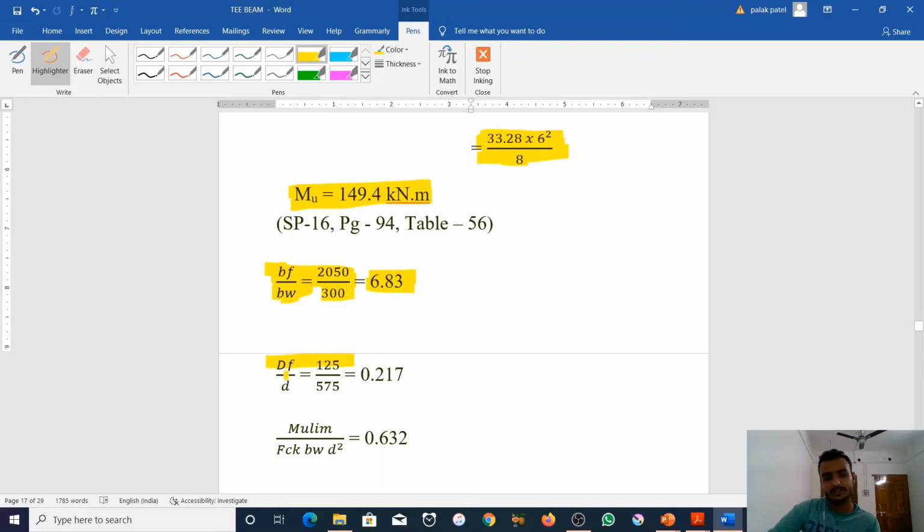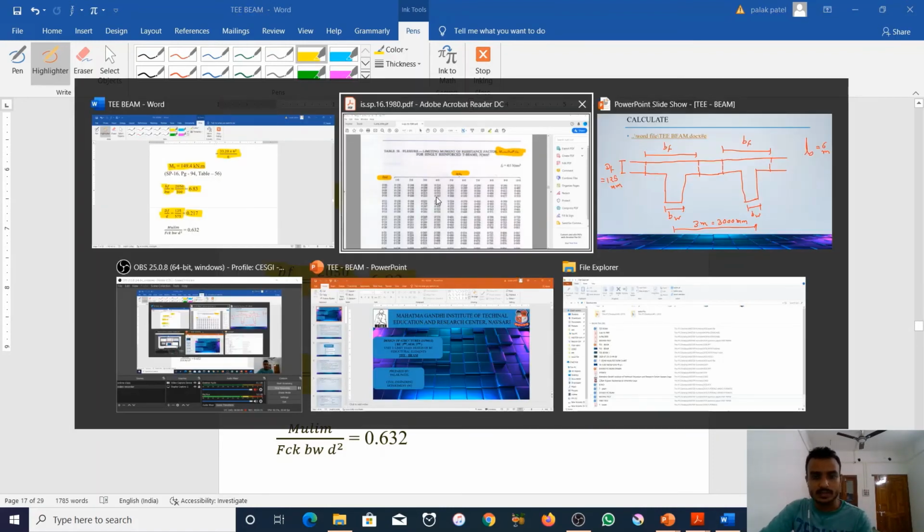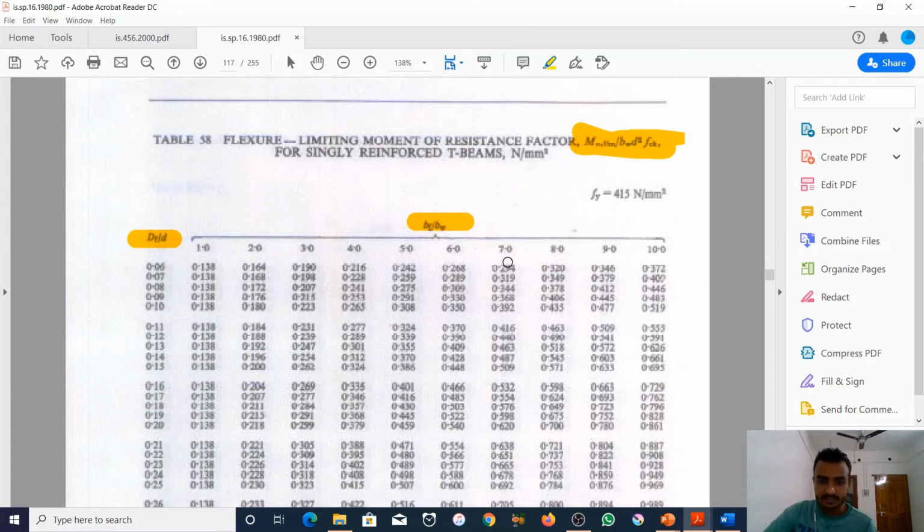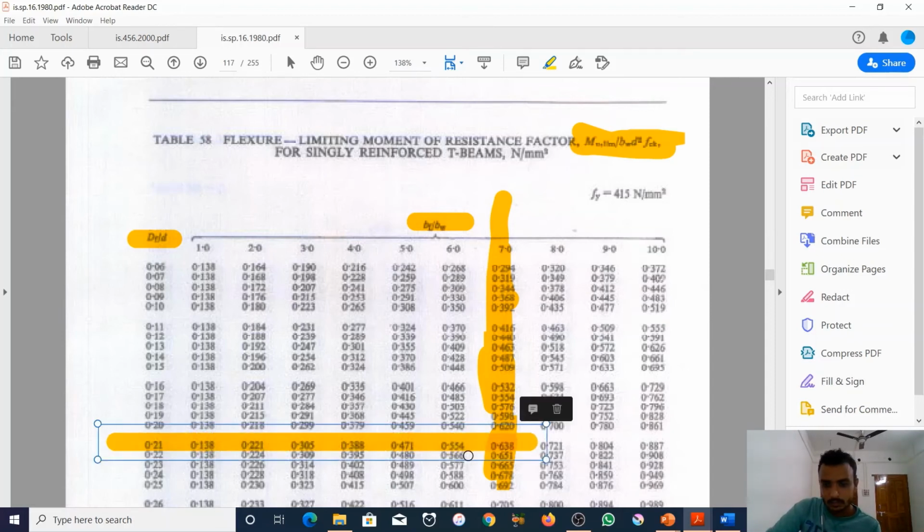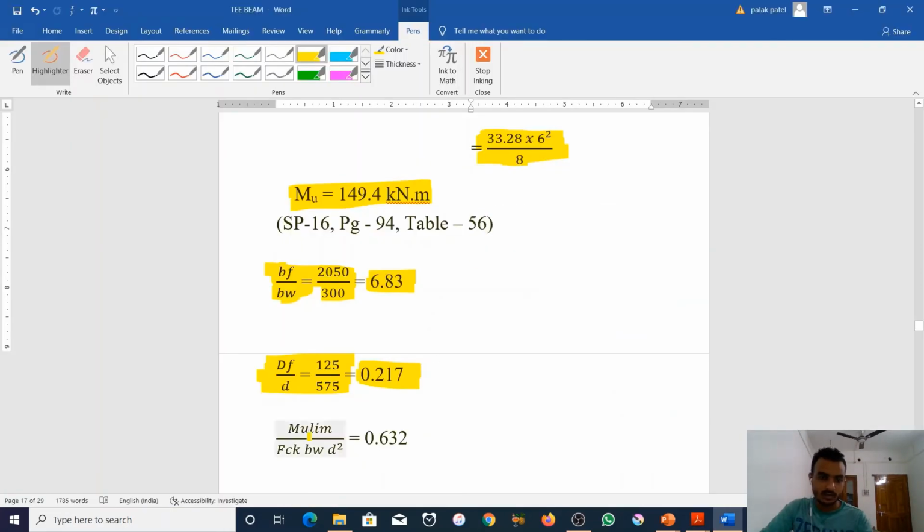Then after, capital DF by small d, 125 divided by 575. So we got 0.217. So by this, 7 is here for BF by BW and 0.217 for DF by D. We got the value 0.638.